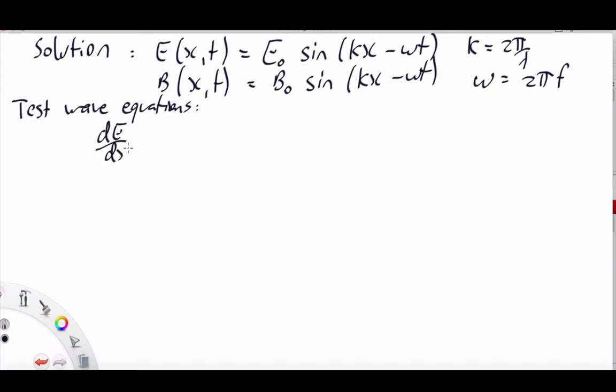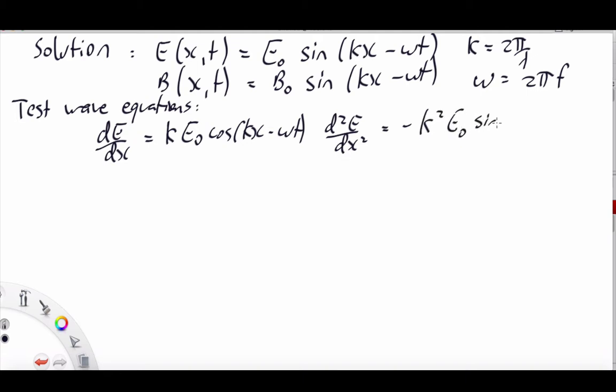So dE/dx is going to be this turned into a cos function, because the derivative of sine is cos, and times the coefficient of x, so it is kE₀ cos(kx minus ωt). And then get the second derivative. The derivative of cos is minus sine, and again we times it by the coefficient of x, so minus k²E₀ sin(kx minus ωt).